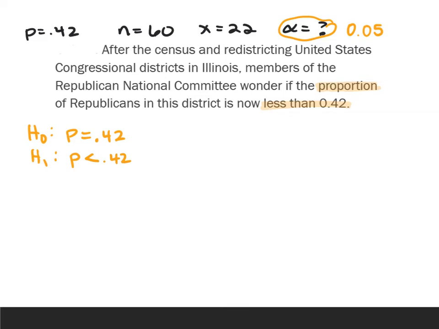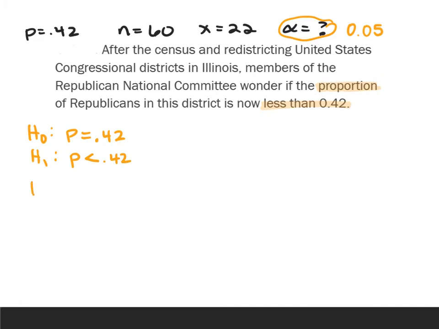I can promise you that a sample above 42%, even just a little above, will never give you the evidence you need to say that it's less. If you have a number greater than the parameter that you're starting with, and you're trying to find evidence that it's less, that will not work. So there are my null and alternative hypotheses.